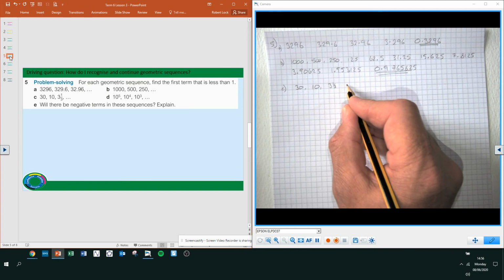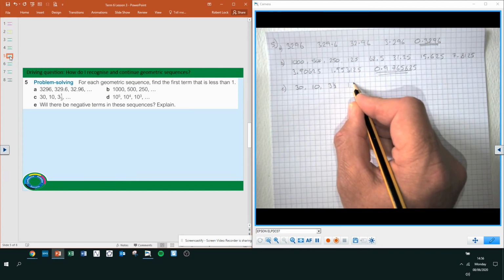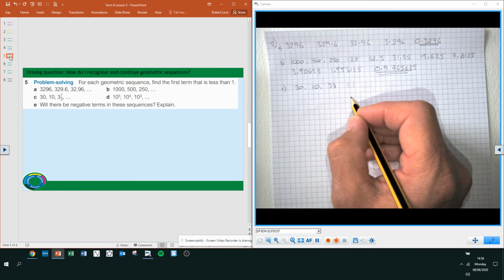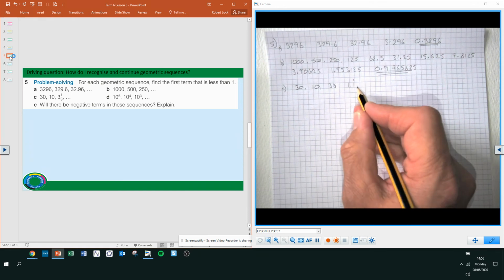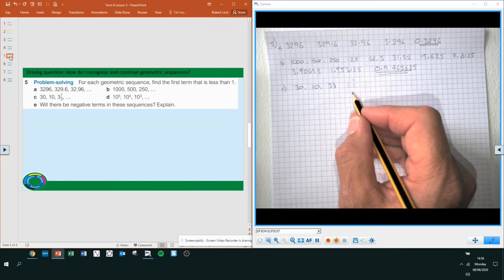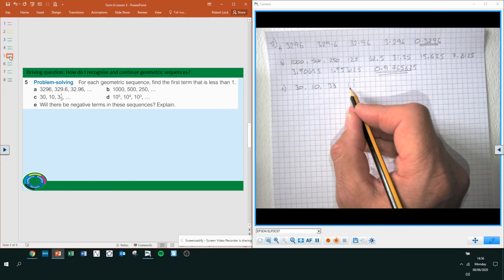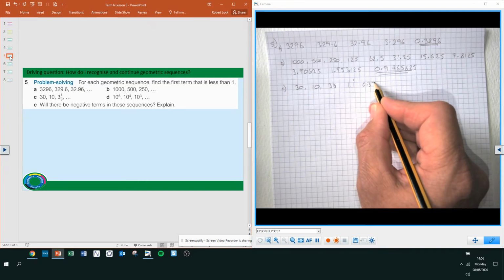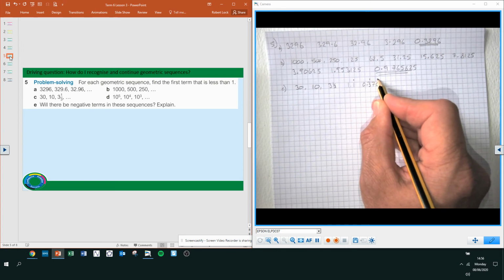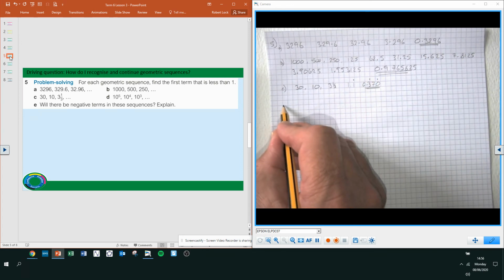So this one here will be 1.1 from 3.3. The next one after that will be 0.370 recurring. So that's our one there.